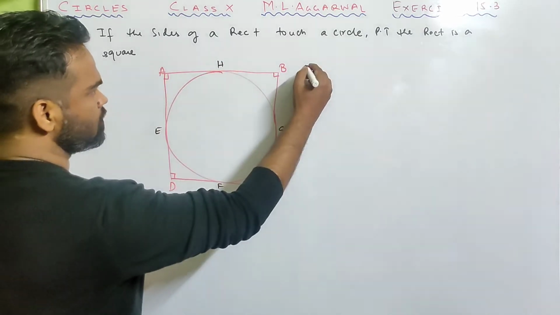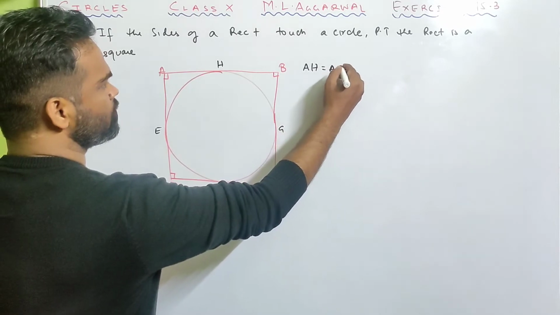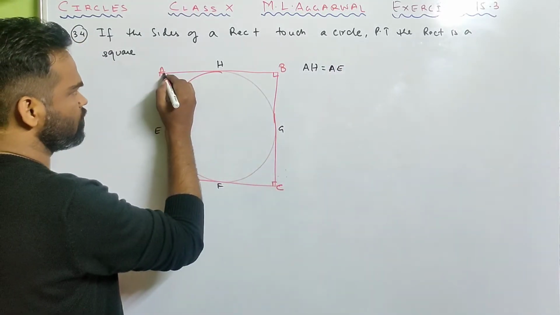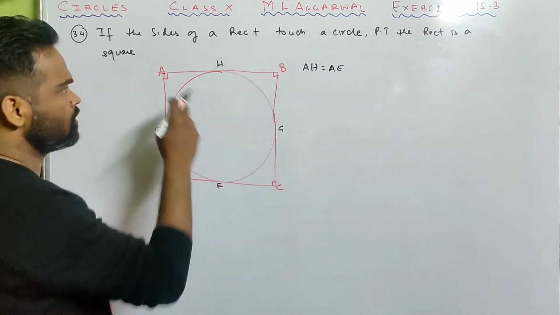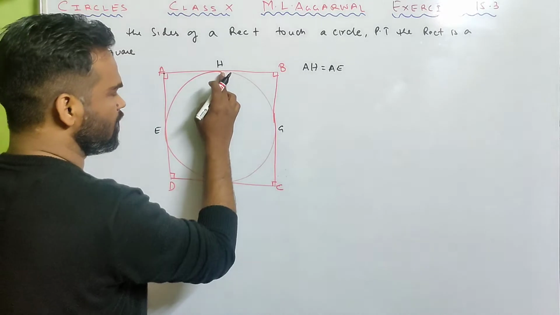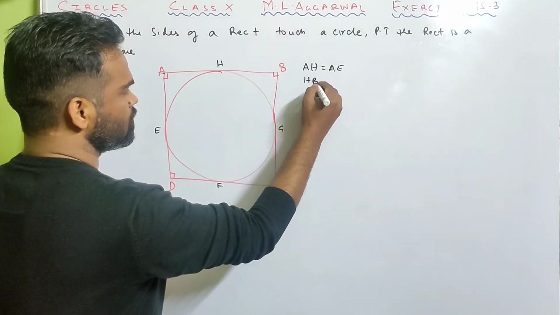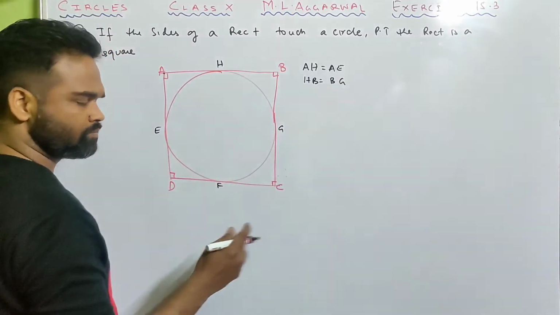Now, AH is equal to AE, yes or no? Because tangents from an external point to a circle are equal. So AH and AE are tangents. Similarly, HB is equal to BG. Yes or no?